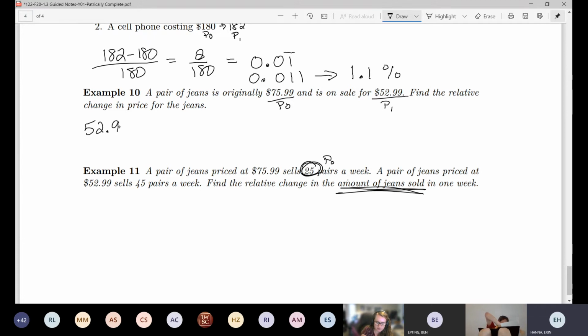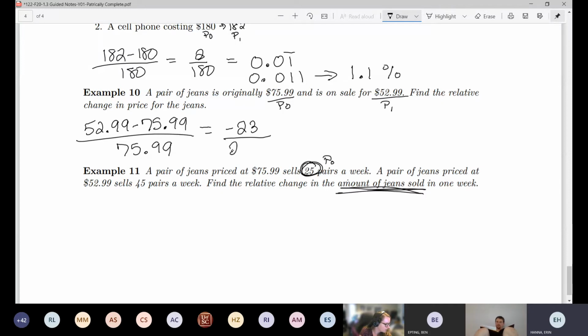Ending value minus beginning value over beginning value will give you negative 23 over 75.99, which should be negative 0.303, which would convert over to a 30.3% decrease.